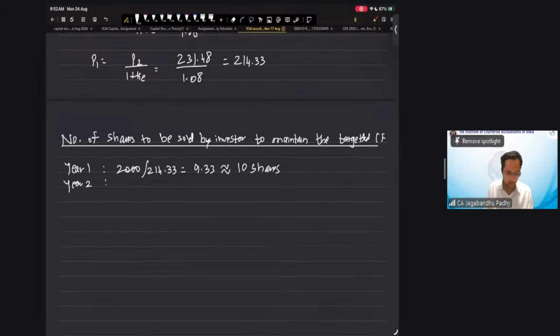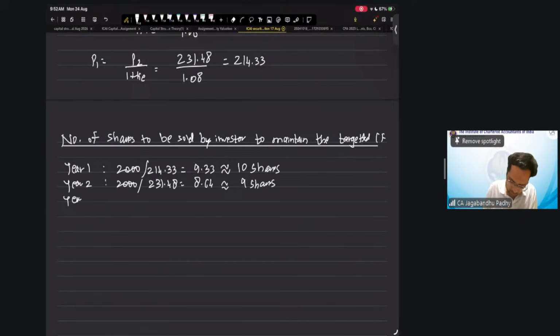Then in the second year, 2000 divided by 231.48. This is 8.64, approximately 9 shares.